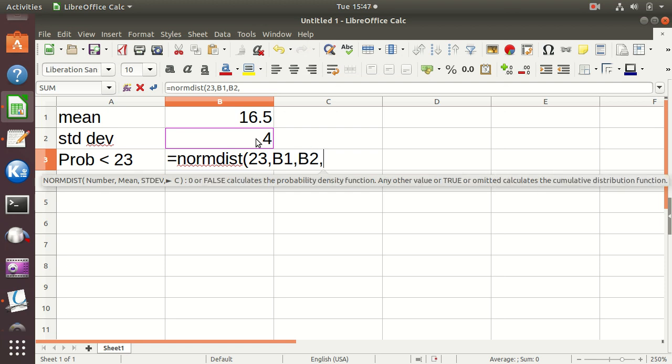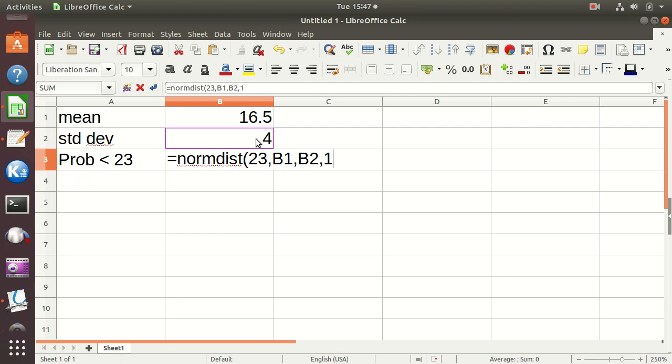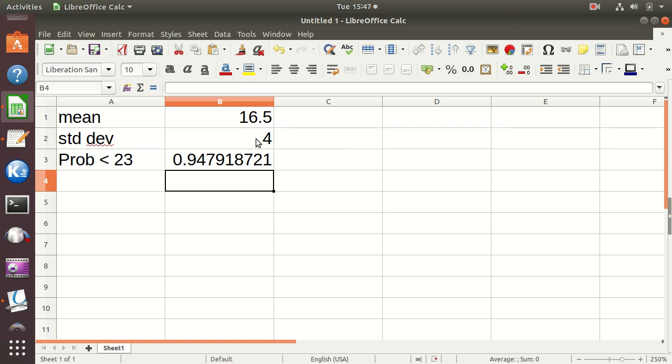And then on older versions, you didn't have to put a 1 here, but I've gotten an email from at least one person who said they seem to have trouble if they didn't have the 1 there. So put a 1. And I do that, and it says it's around 94.79. So I'm probably off a little bit on my numbers because I'm pretty sure you get something around 8 or 10% instead of just over 5%.